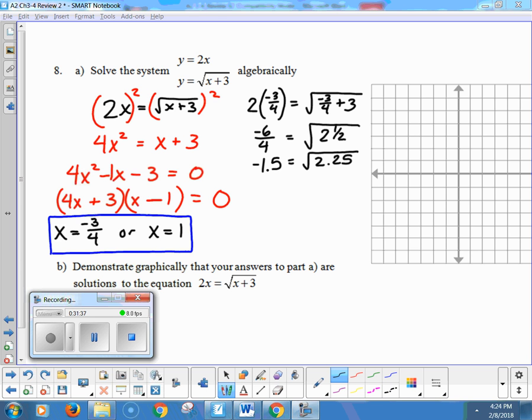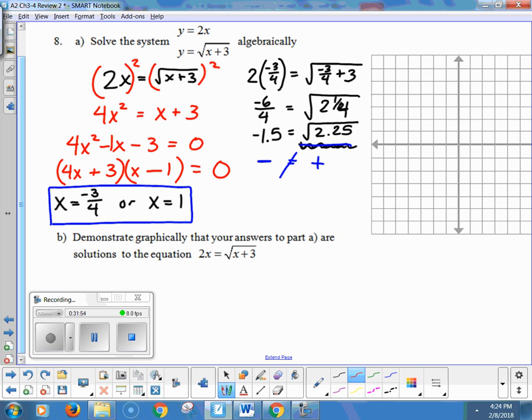I don't need to know what the square root of 2.25 is, because whatever it is, it's a positive number. This is positive, and over here, this is negative, and they do not equal, which means this answer of negative 3/4 is extraneous. Extraneous. I think that's how it's spelled.